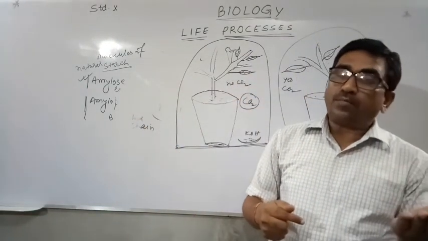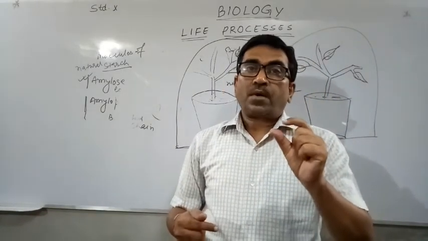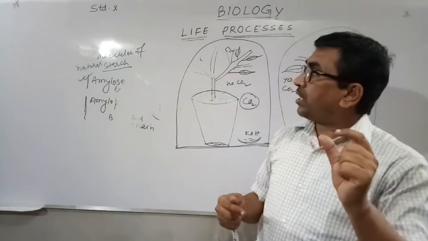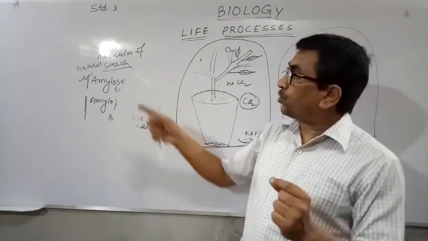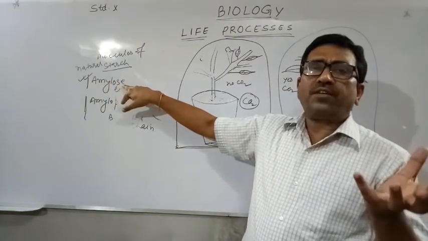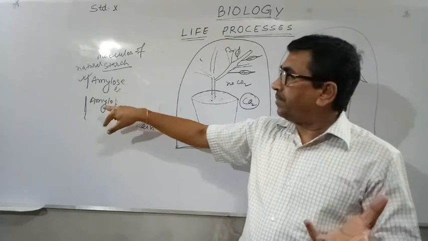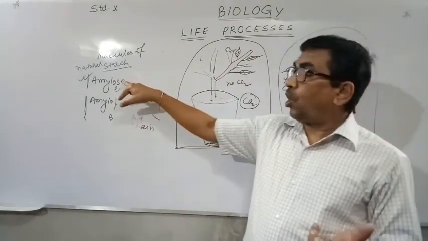The next important thing we have understood is that starch is made of two molecules. One is amylose, which is almost 25%, one quarter, and amylopectin, which is 75%. Amylose is the long chain.